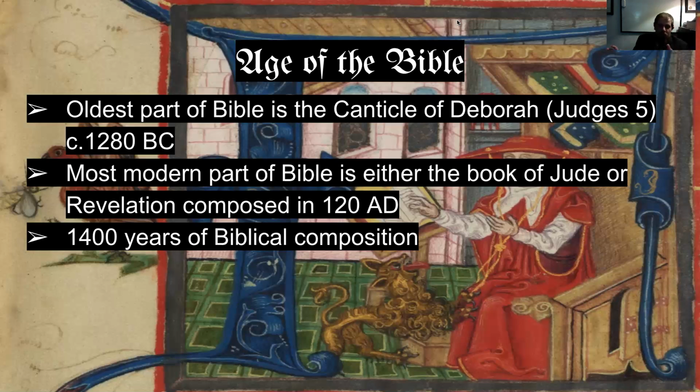The other thing that's important to understand here is the great age of the book we're dealing with. Remember, the newest portion of the Bible was written in 120 AD, right? That's basically 1,880 years ago.